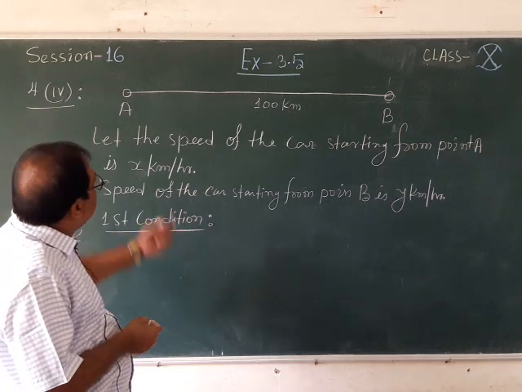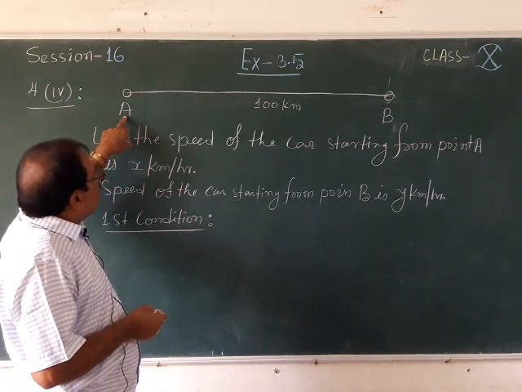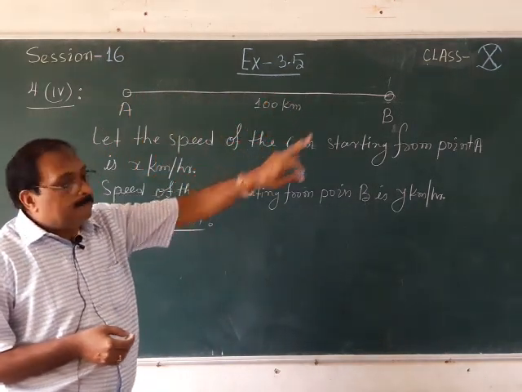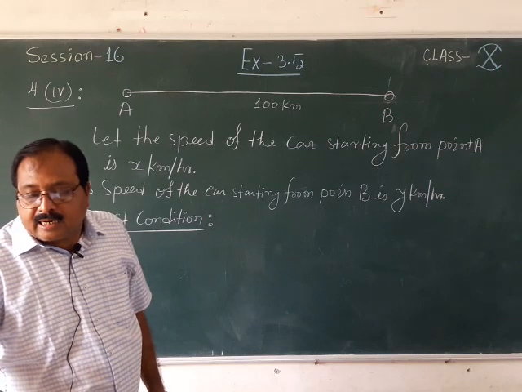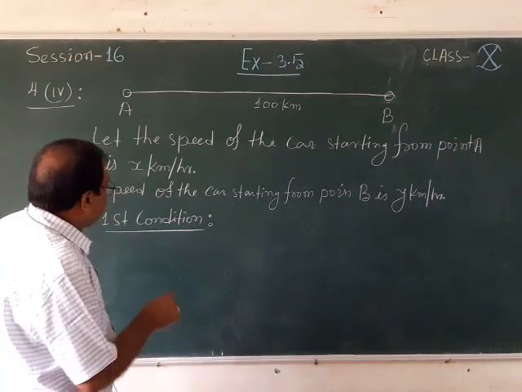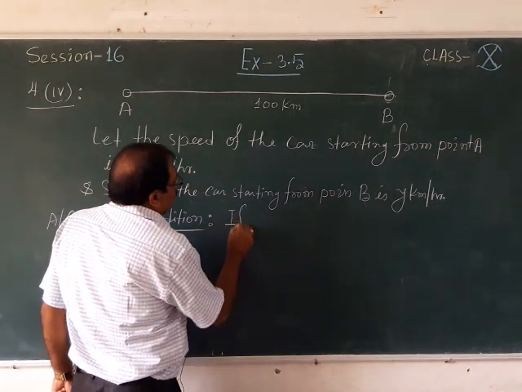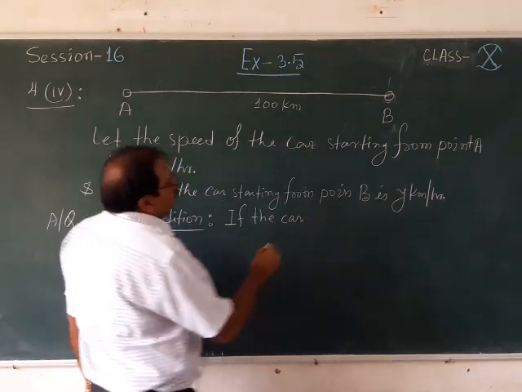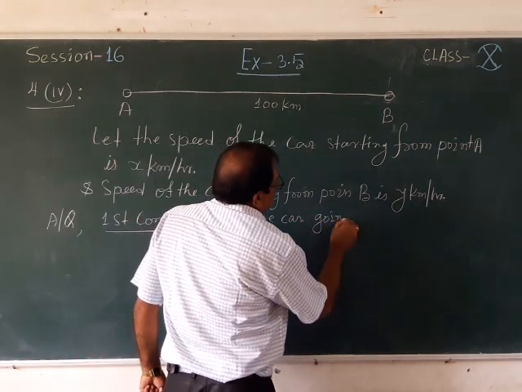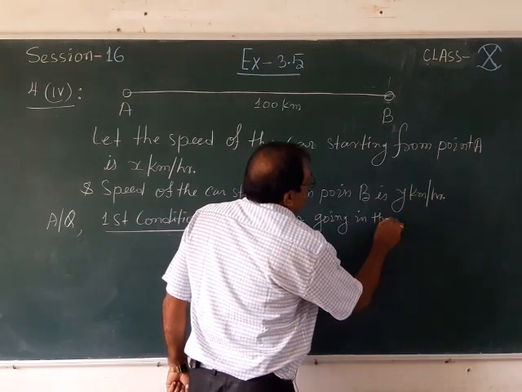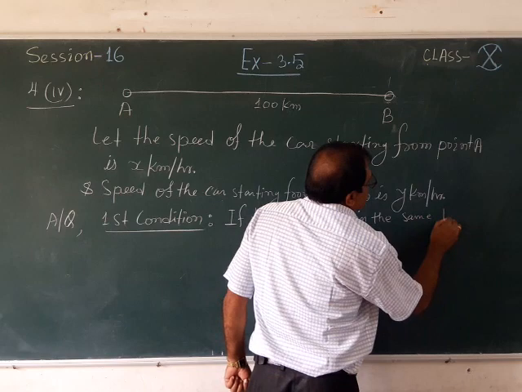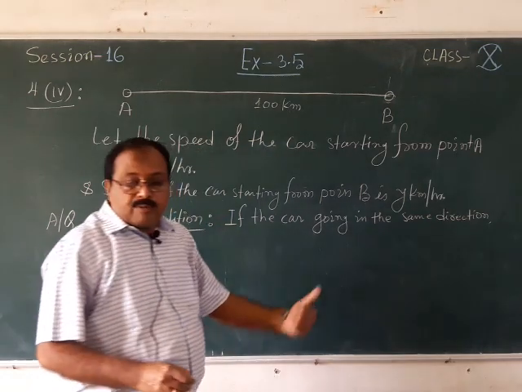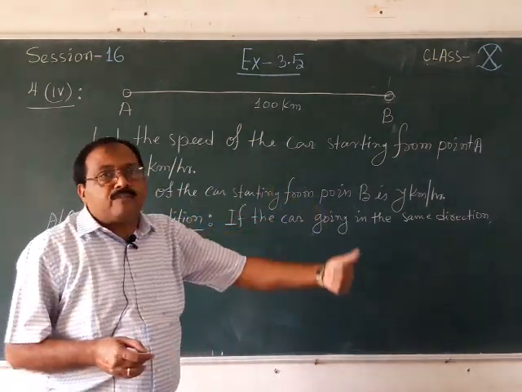In the first condition you have seen that the car starting from A and the car starting from B are both going in the same direction. If the cars travel in the same direction, then what will be the equation? They meet each other after 5 hours.